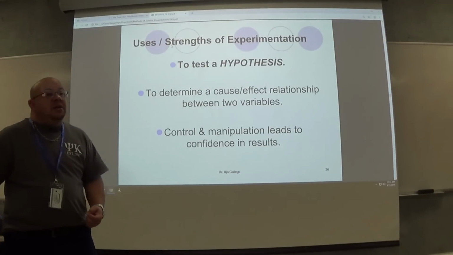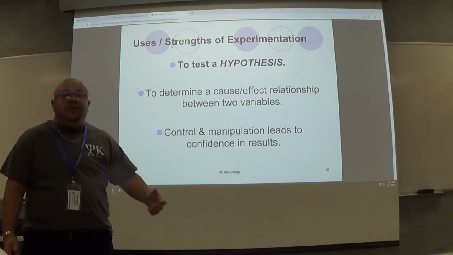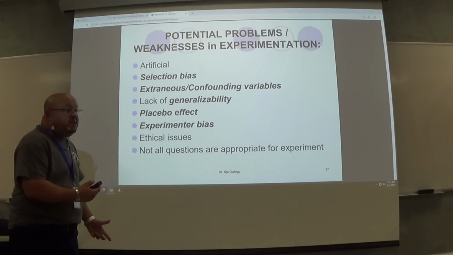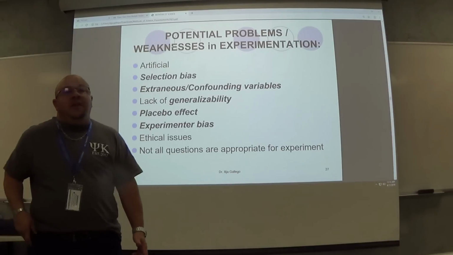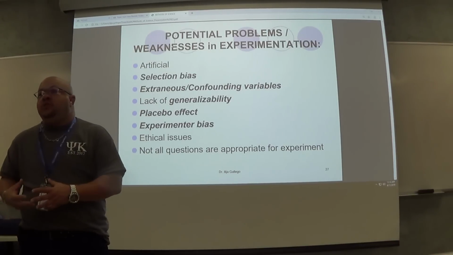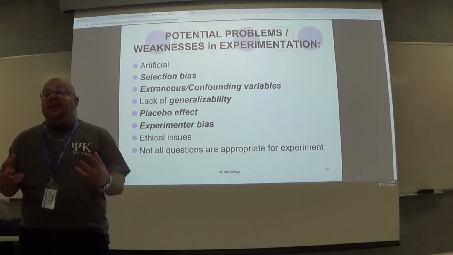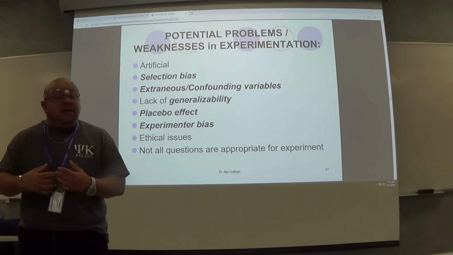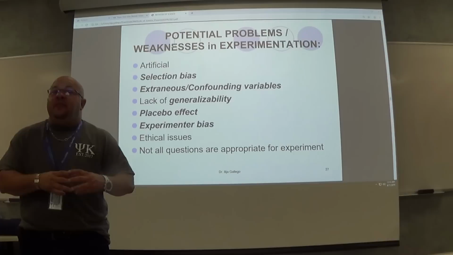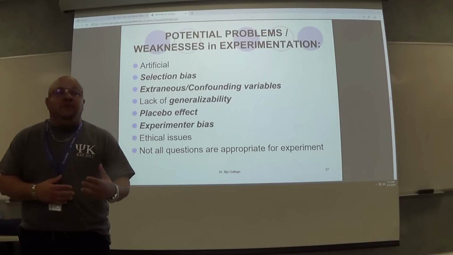But of course, we have a list of problems like we did for every other kind of study. And check out the size of this list, right? So we saw that when we went from naturalistic observation to laboratory observation, we gained some control, but we experienced an increase in the number of potential problems, right? So we had, in naturalistic observation, the main problem was observer bias.